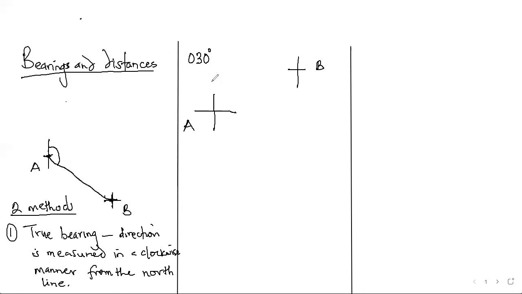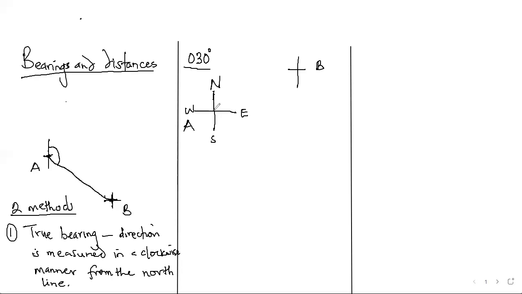So I have to start from the north line. Then if you write the cardinal points, this is north, this is east, this is south, and this is west. If I'm using the first method, the true bearing, I have to measure 30 degrees from the north.